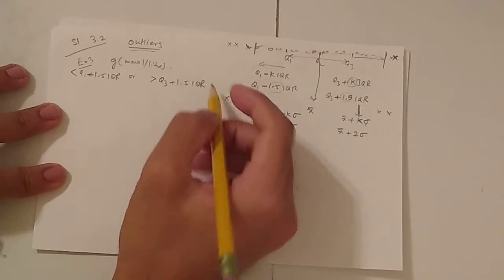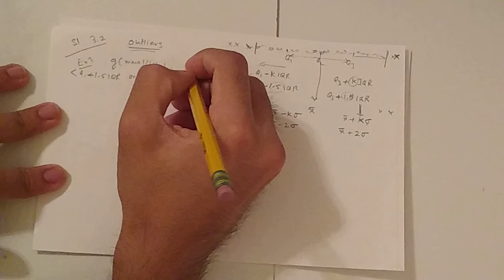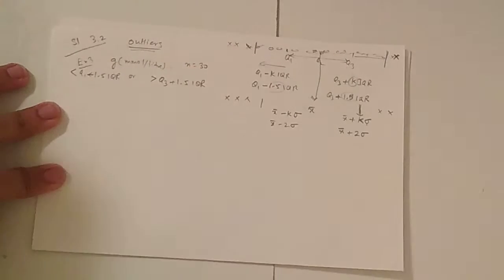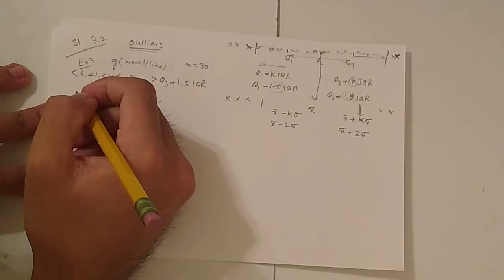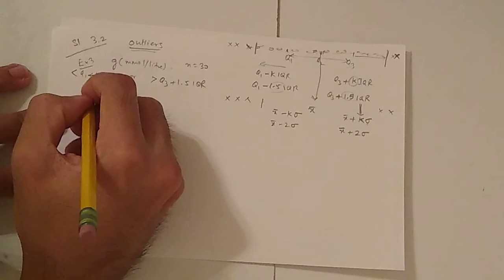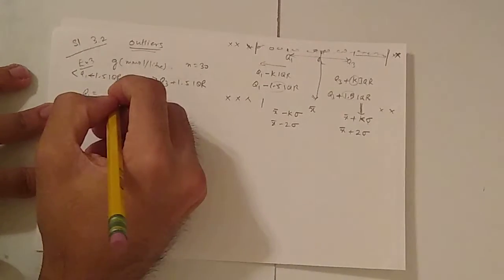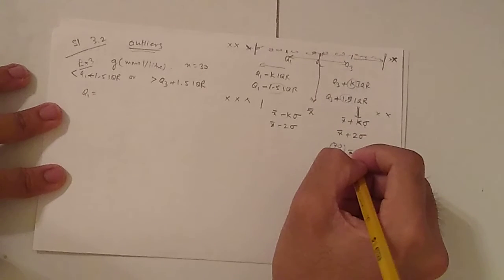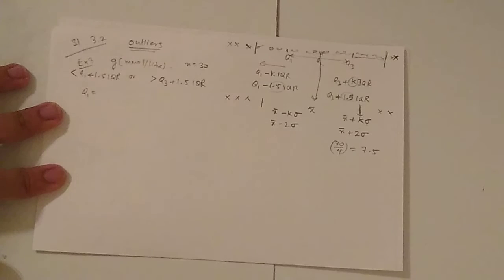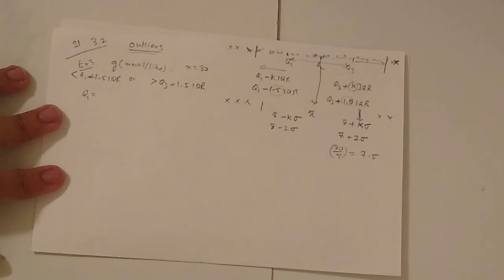Notice that we have got 30 data values, so n equals 30. To find the quartiles, first let's talk about the lower quartile. The lower quartile Q1 equals 30 by 4, which is equal to 7.5. Notice that this is discrete data and not continuous data.